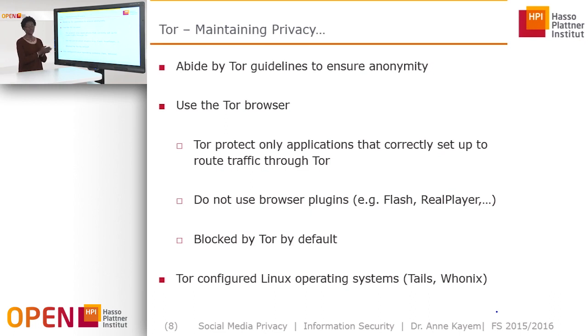Avoid using browser plugins, because they can upset the settings of Tor, and that can lead to a complete de-anonymization. By default, they are typically blocked by Tor, but you want to avoid installing any other browser plugins.